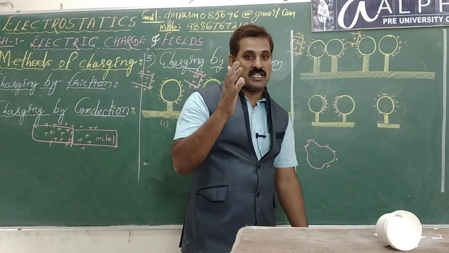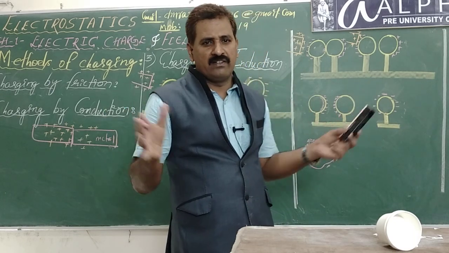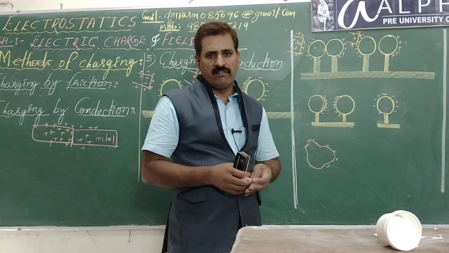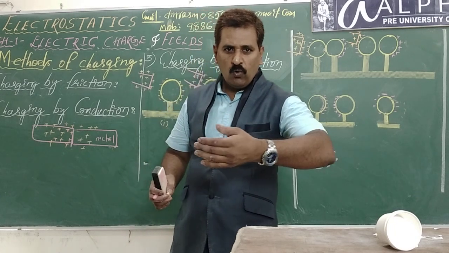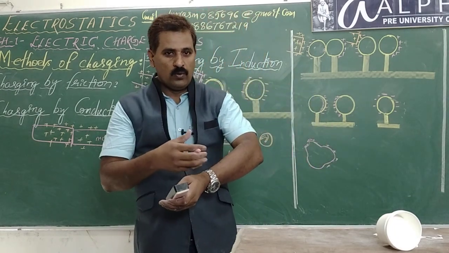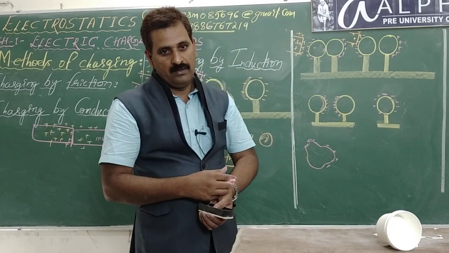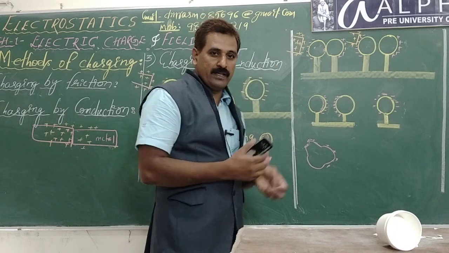Remember, due to this charging process by induction, we will see several effects in our day-to-day life. If you take your hand very close to an old type TV monitor, the hairs rise up. When you rub any plastic body with your hand, hairs rise up. So these are all examples of charging by induction.